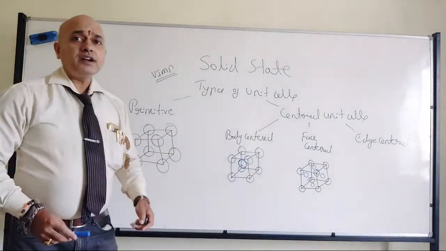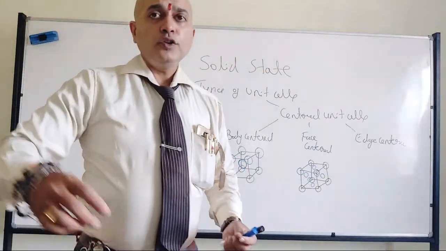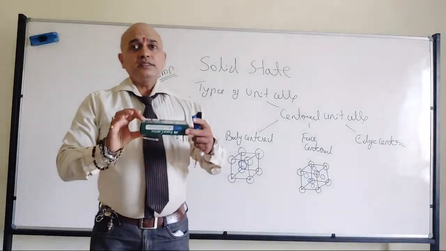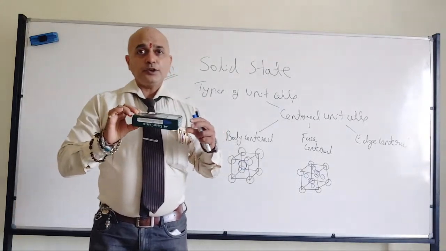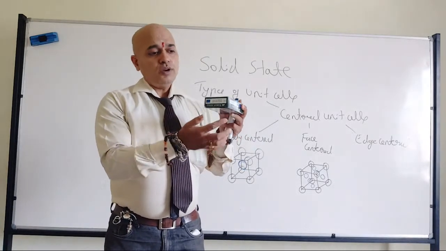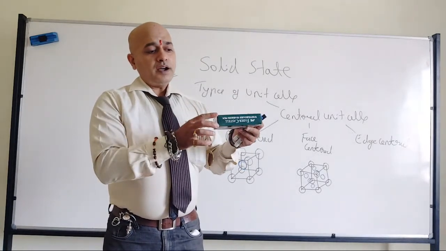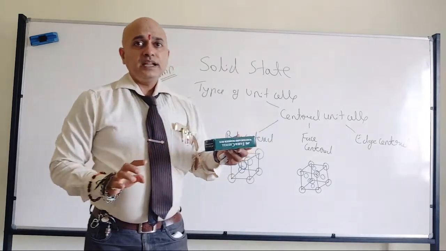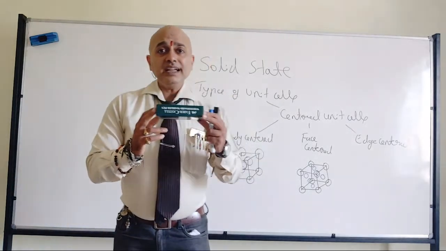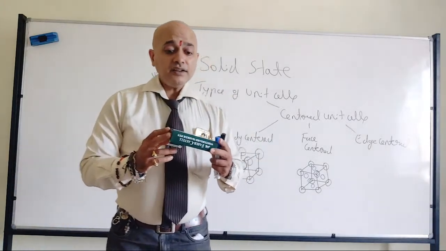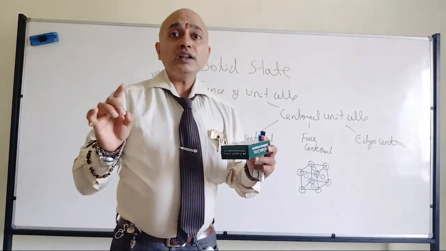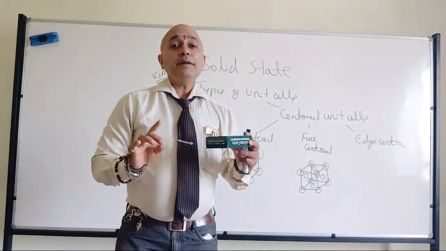A cube will be having how many faces? Imagine this one as a cube. It's not actually a cube, but you should imagine. Now, I have 1, 2, 3, 4, 5, 6, 7, 8. It is having 8 corners. Yes, Samit, you are right. So whichever atoms are present in the corners, they are called corner atoms or corner elements.